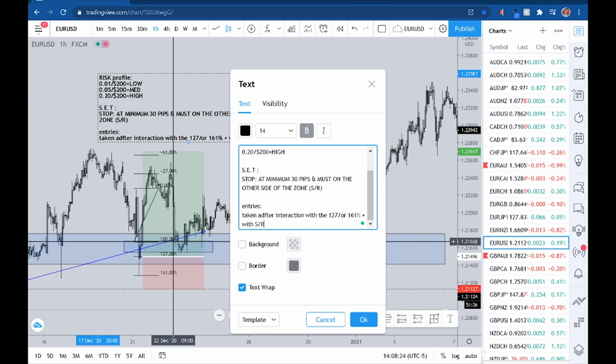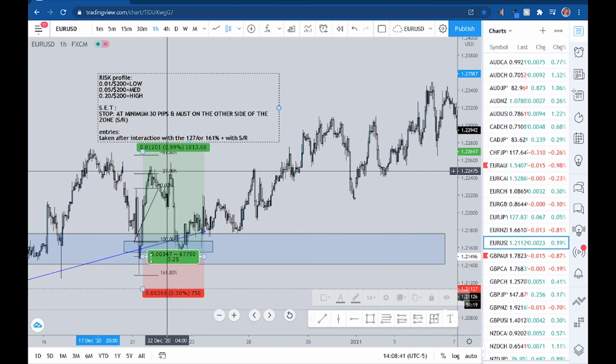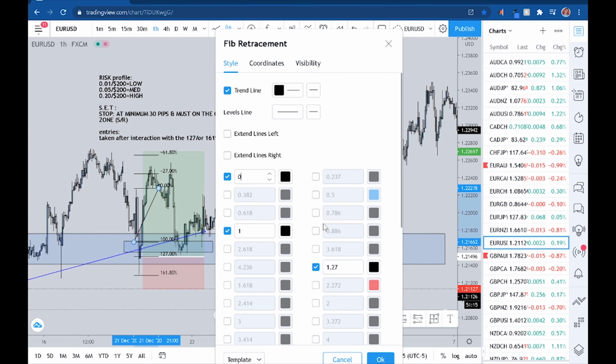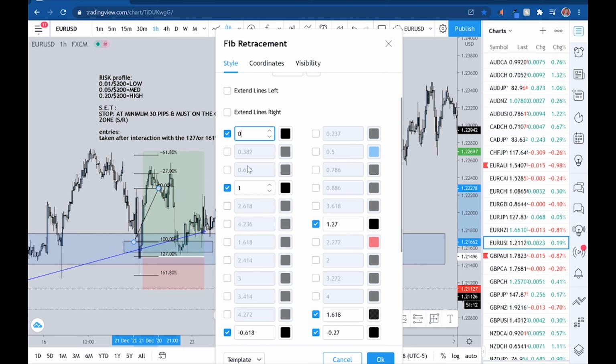this is where we're looking to basically place our entries after the interaction has happened with the 127 or 161%, or the support, and with support and resistance. One thing that I'm going to show you guys right now, so you can just copy this, just pause the video. These are basically the settings for the Fibonacci.